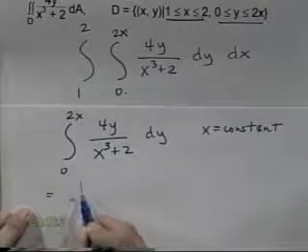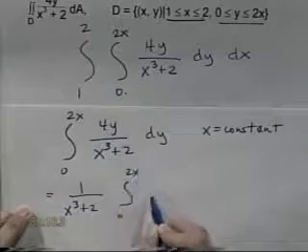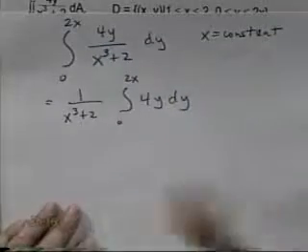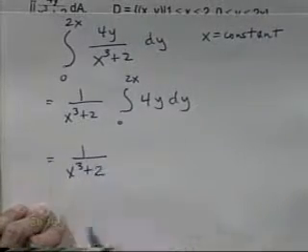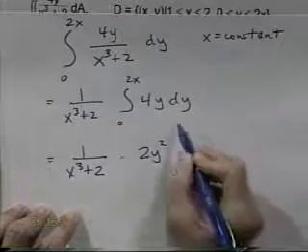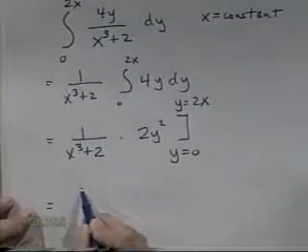This is equivalent to 1 over x cubed plus 2, times the integral from 0 to 2x of 4y dy. And we're integrating with respect to y. So this is 1 over the constant x cubed plus 2 times 2y squared as y ranges from 0 to 2x. Keep your constant on the outside.